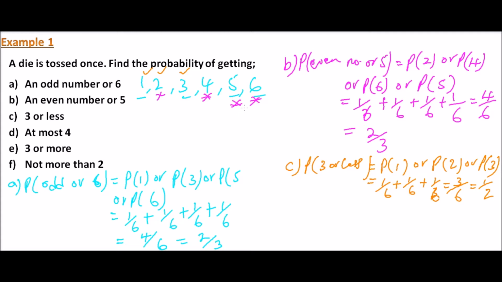Probability of getting at most 4. So this means it is the probability of getting 4 or less.